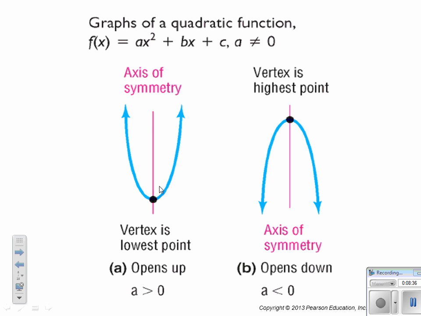So if I have a negative value in front of my x squared, I'm going to be opening down, and my vertex is going to be at the highest point. If I have a positive value, I'm going to be opening up, and my vertex is going to be at my lowest point.